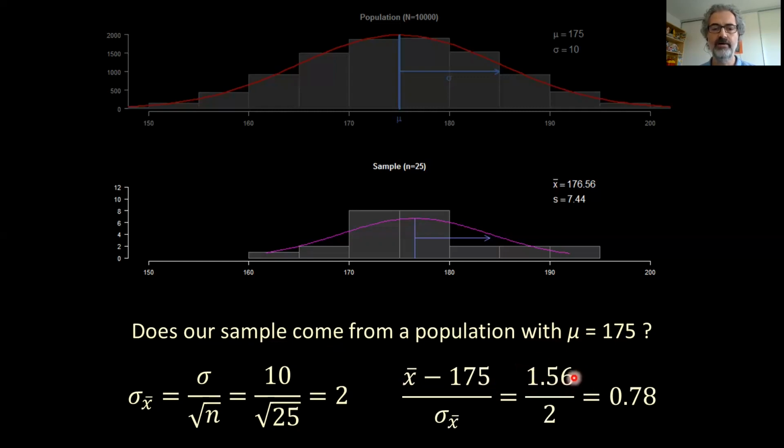This is how far we are from our reference value. Our sample mean is 1.5 centimeters away from our reference value. If we divide this distance, which is in centimeters, so in the measuring units, by the standard error, then we find that we are 0.78 standard errors away from our reference value.